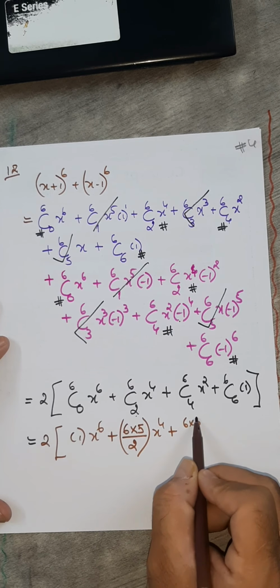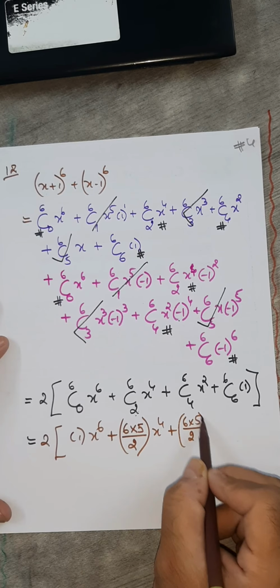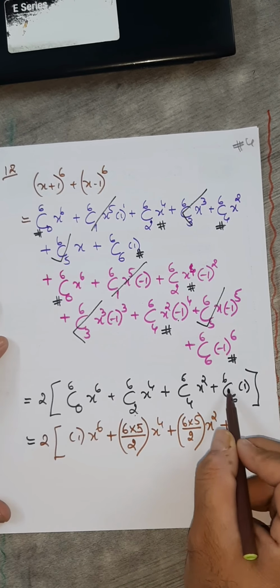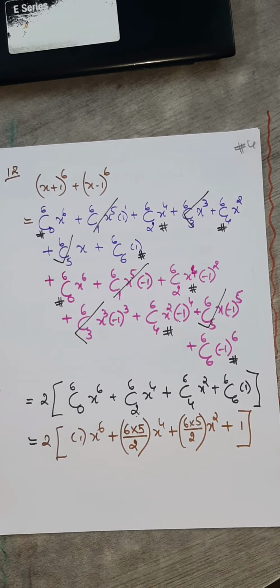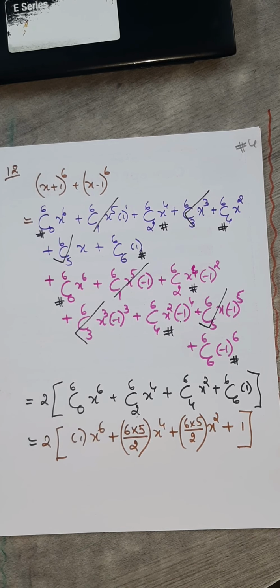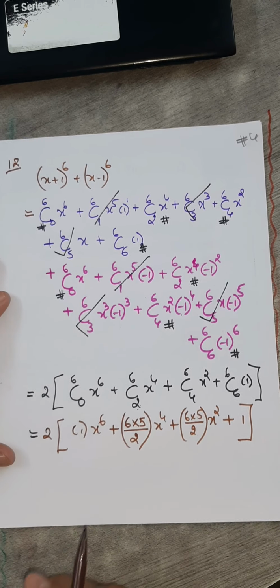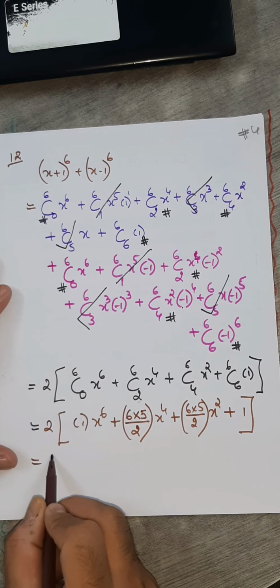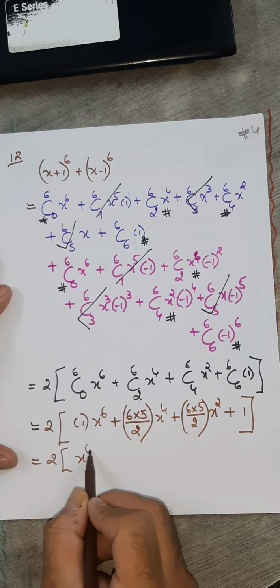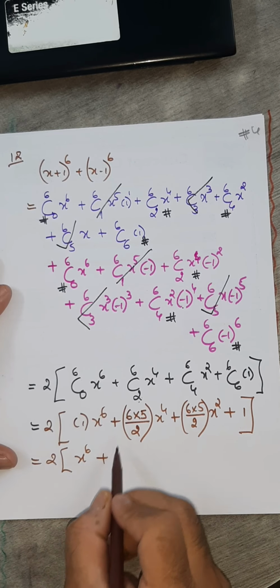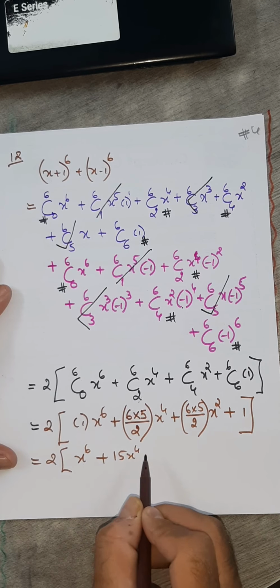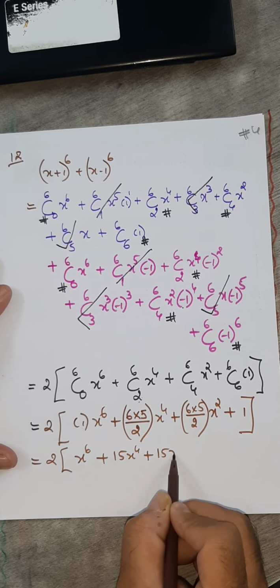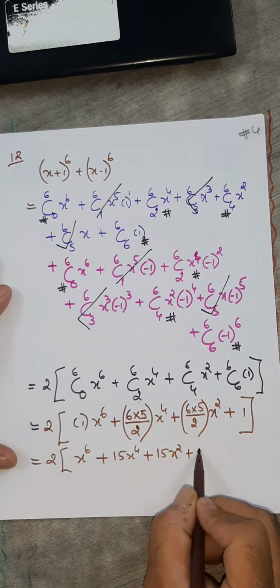So 6 into 5 by 2 into x square. And 6c6 is just 1. And therefore now finally, last step. If I write here, so twice, this is x raised to 6, this is just 15 into x raised to 4, 15 into x square, and finally it is just 1.